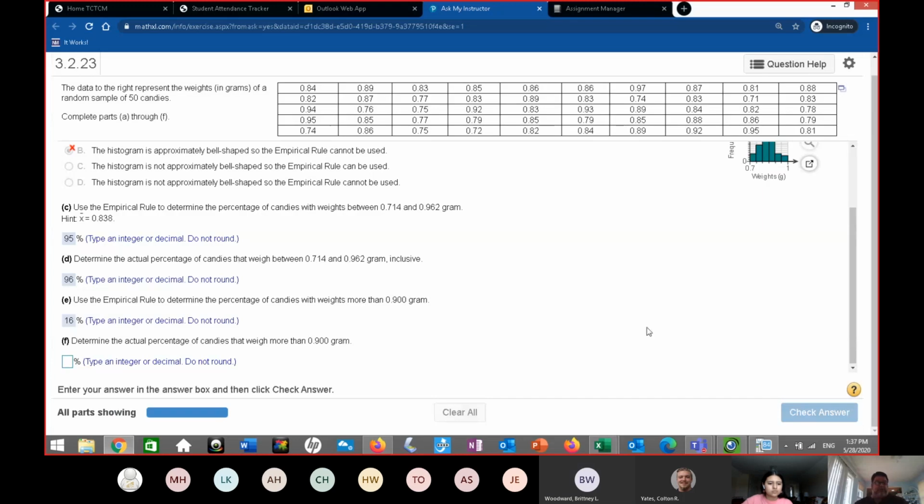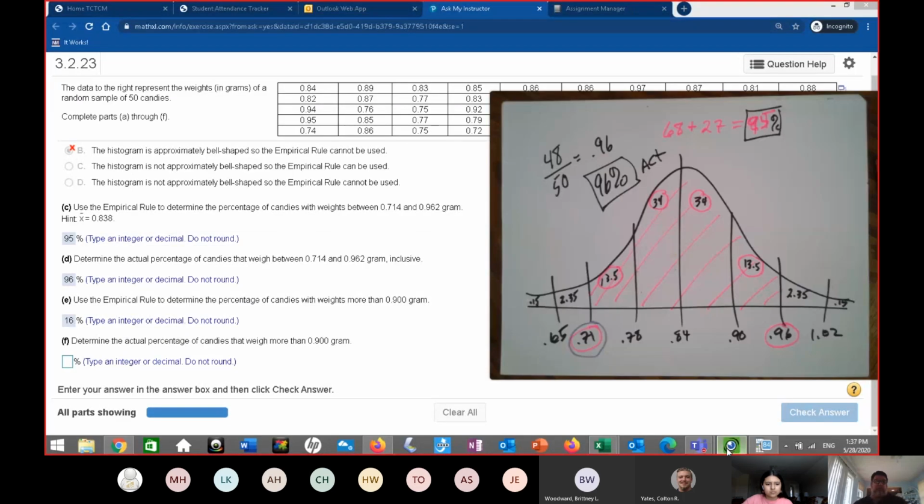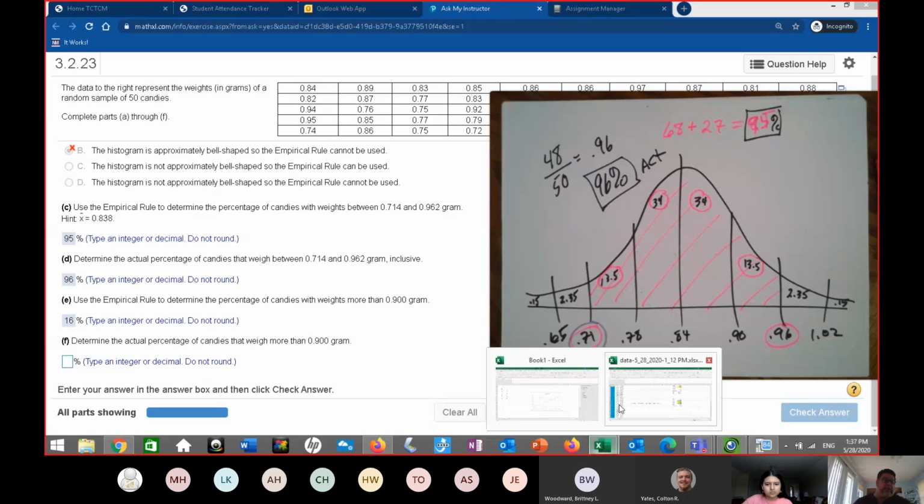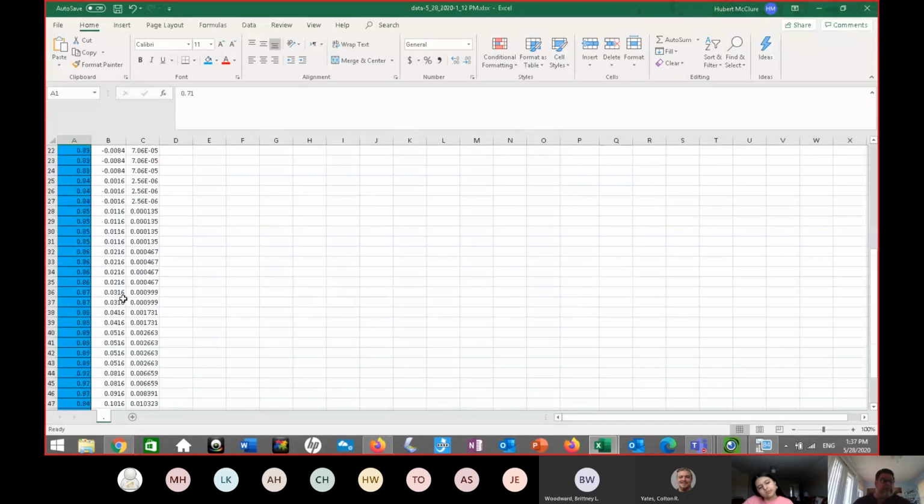Weigh more than 0.9. I'm going to do this one and that's it. Then we go on to another problem. So let's go to 0.9. And that's these right here.